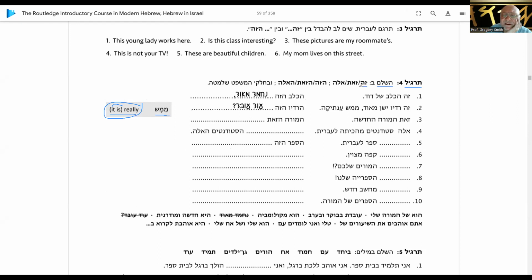Let's see, it's going to be zeh, zot, or ela. This, masculine this, zot, feminine this, ela, these. Or hazeh, hazot, or ha'ela. So it's like the this. Let's see, the this. Okay, so it's like hazeh, hazot, and then the these.